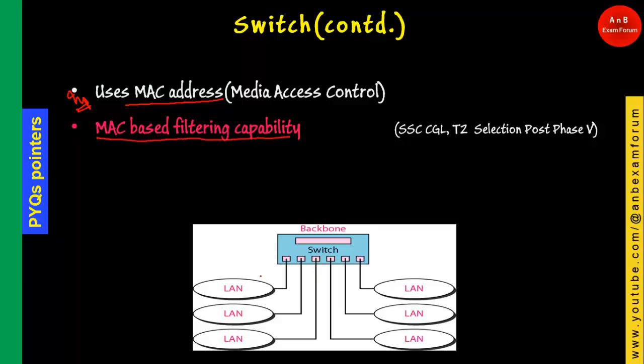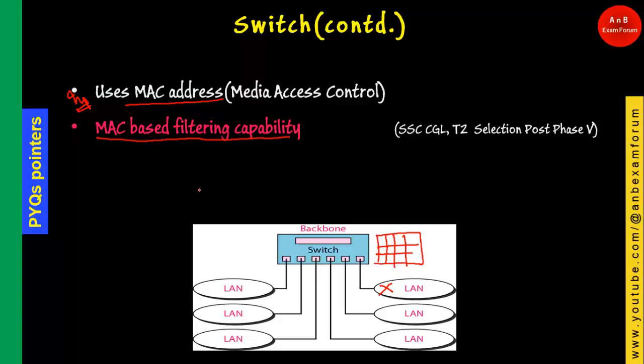Suppose it makes one table here. Based on the entries in this table, it is going to make a decision whether to pass the data from one particular LAN to another. Suppose this table says that it should not be sent to this LAN number. Then it will reject all the packets based on this table.